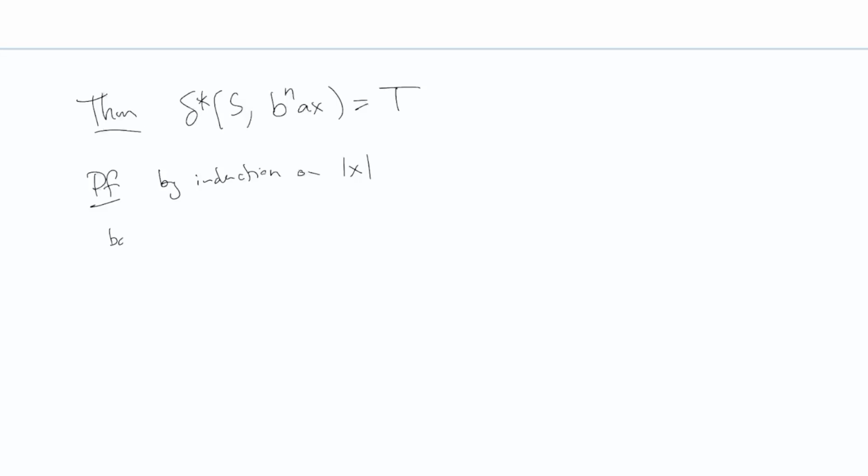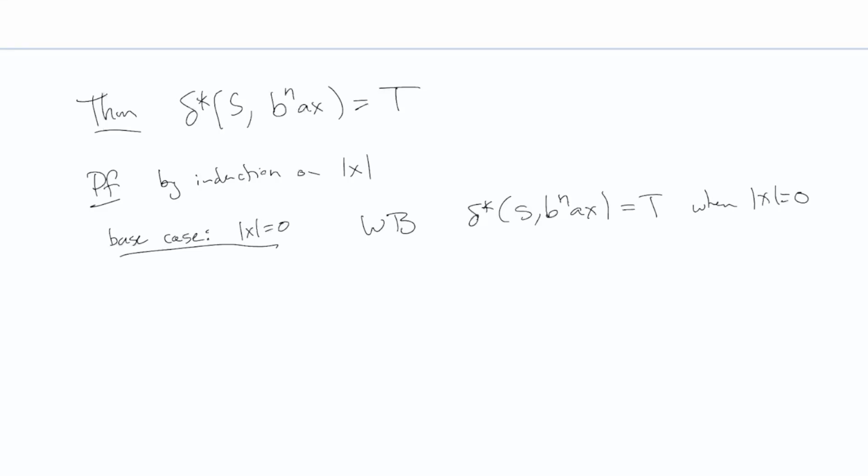But anyway, I'm going to do the base case. This is when the length of x is 0. I want to show delta star of s, comma, b to the n a x equals t when the length of x equals 0. But when the length of x is 0, that means x is the empty string. And then this is going to be easy to show. So I will say something like, if the length of x equals 0, then x is the empty string.